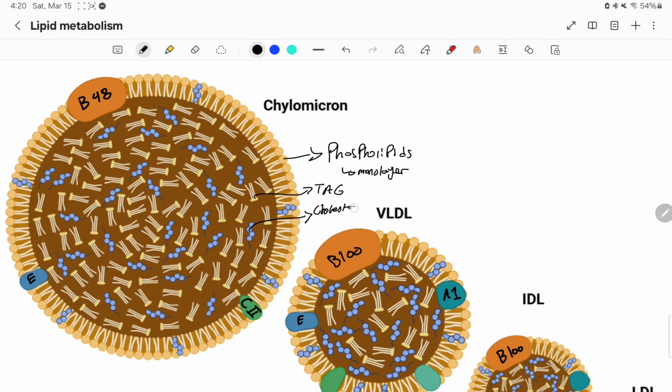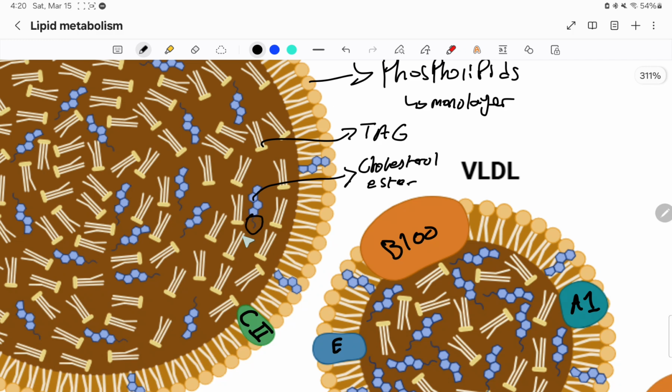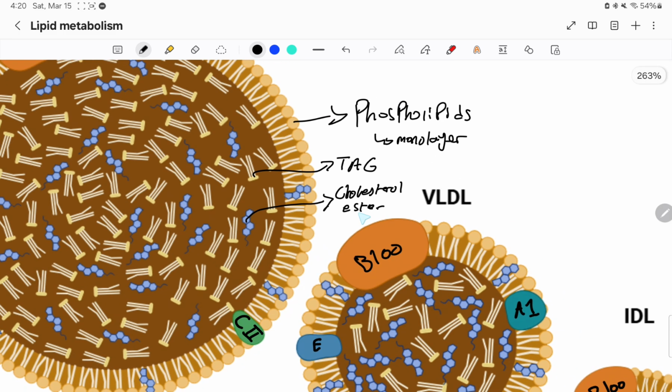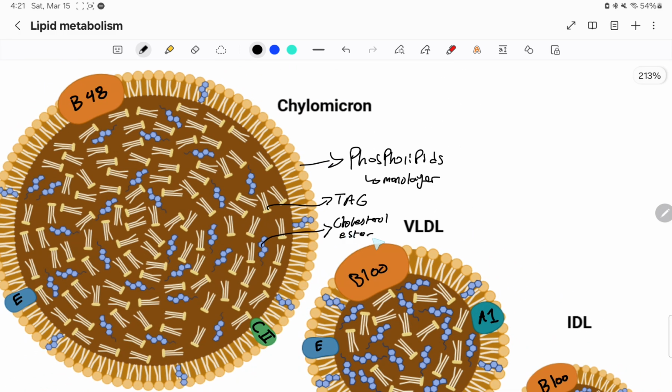Because remember, a cholesterol ester is just a cholesterol molecule with a fatty acid attached to it, okay? So here is your actual cholesterol, but then there's a fatty acid attached to it, which makes it a cholesterol ester, because it's been esterified. We talked about this in depth in our previous videos in this playlist.